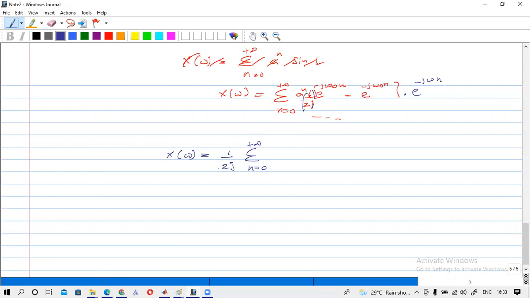So here I write 1 by 2j, and I have a to the n times e to the power j omega naught n minus e to the power minus j omega naught n.